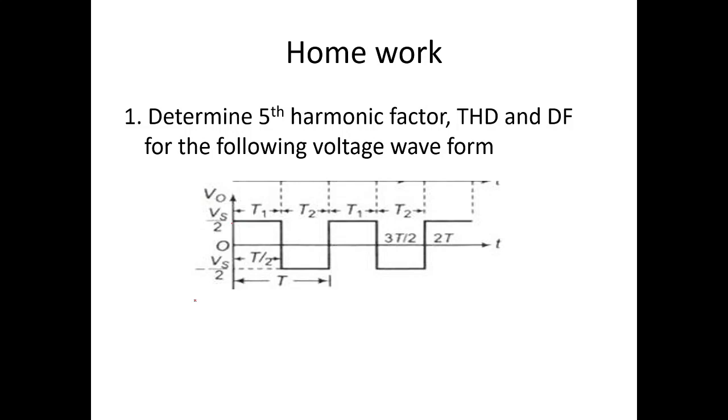That is the harmonic factor for the nth harmonic, for any harmonic. Now in this case it is asking for the fifth harmonic factor. So find out the RMS value of the fifth harmonic, and the fundamental voltage RMS value. From that you can compute the fifth harmonic factor, and you can find out THD and distortion factor. Formulas are available, so try to find them. I leave it to you as homework.